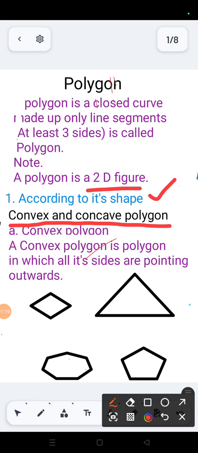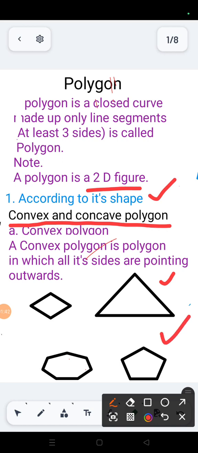So you can see in this figure there are different figures. In this triangle, all sides and vertices are pointing outwards. Okay, so it is in the category of convex polygon.